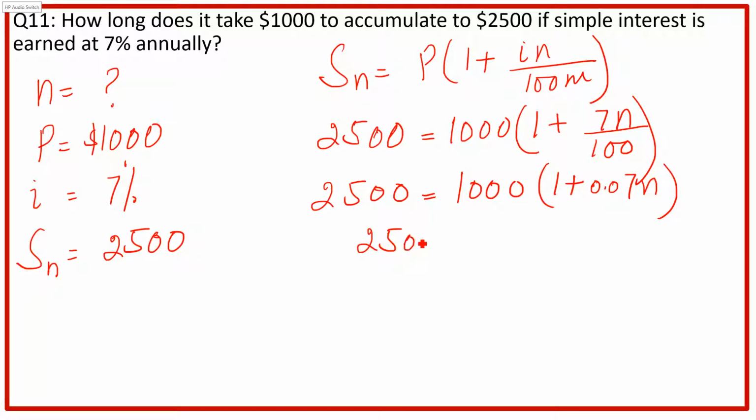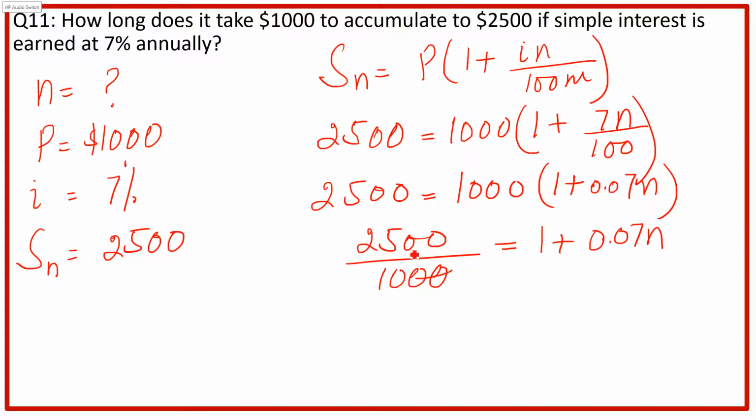So 2,500, we will take this 1,000 to the other side of the equation, so it will divide: 2,500 divided by 1,000. Here we still have 1 plus 0.07 n.